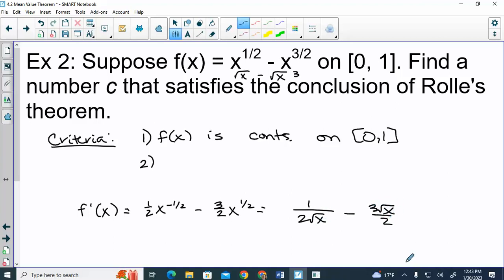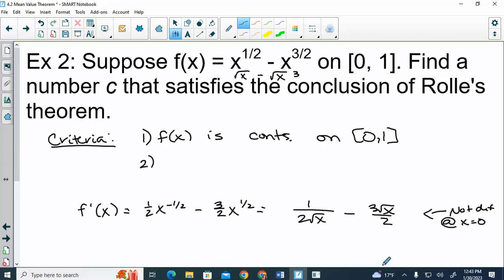Do we agree with that? When is this not defined? We all agree. At 0, this derivative doesn't exist because you would be dividing by 0, right?